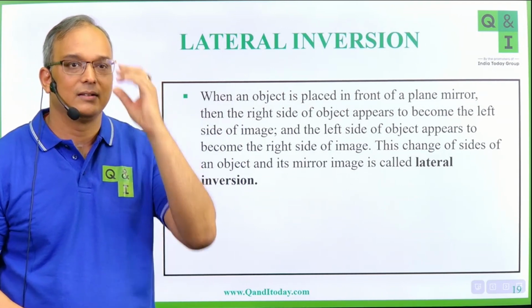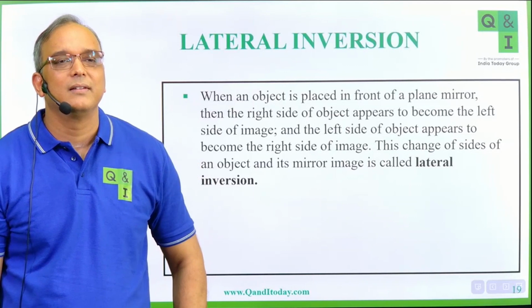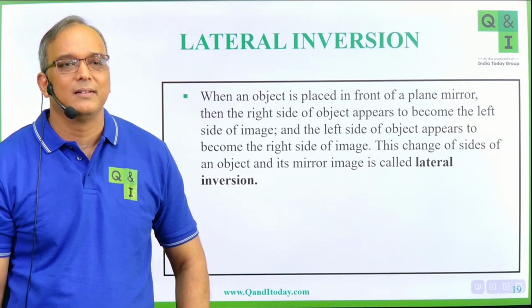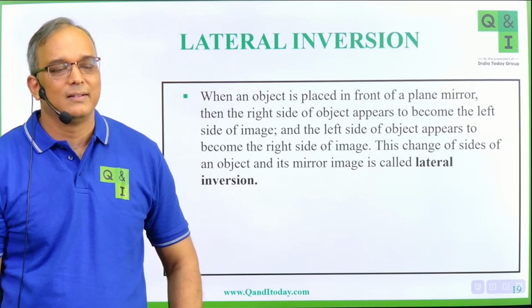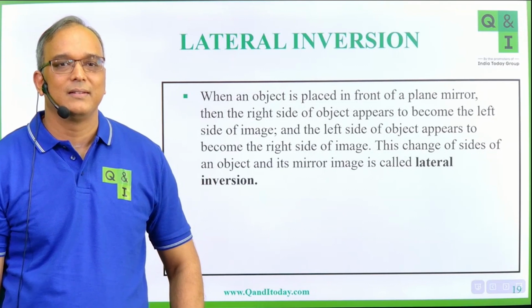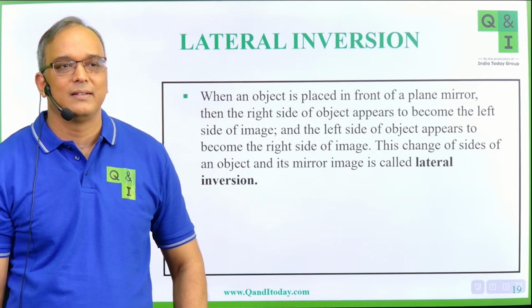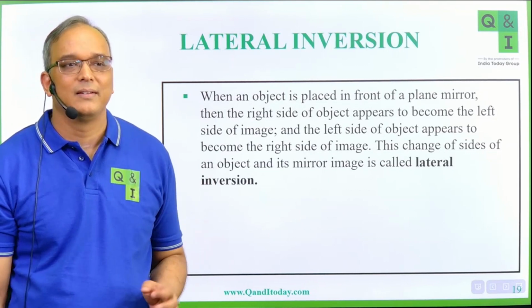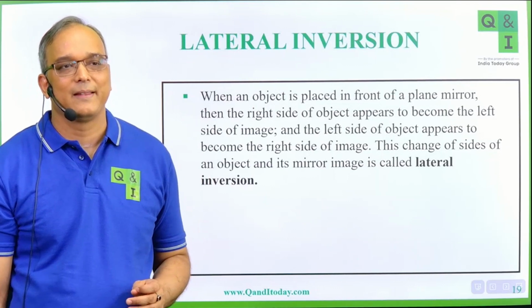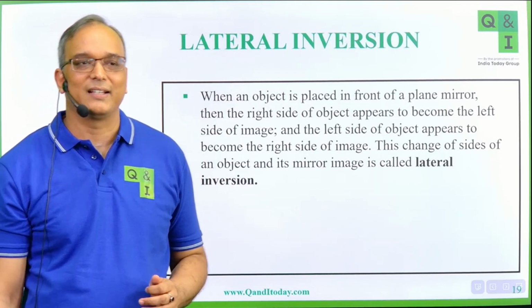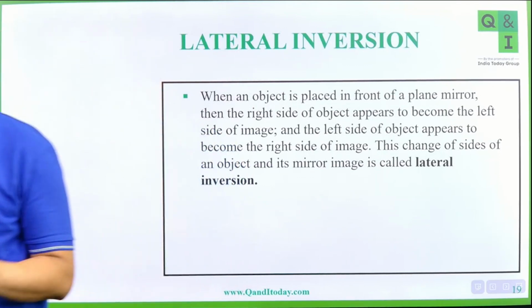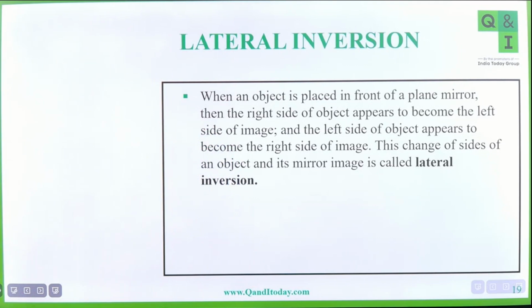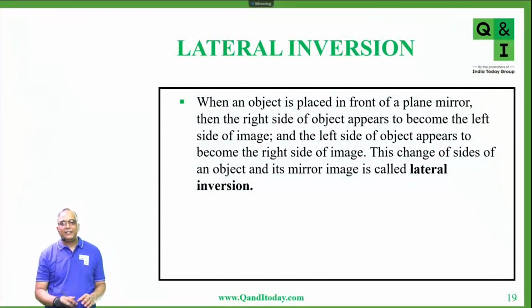Sir, if an object is placed on the right side, the image should be on the left side. And if an object is placed on the left side, it will be the opposite, vice versa. So it's like a mirror image formed of the object's place. Yeah. Correct. Very good.